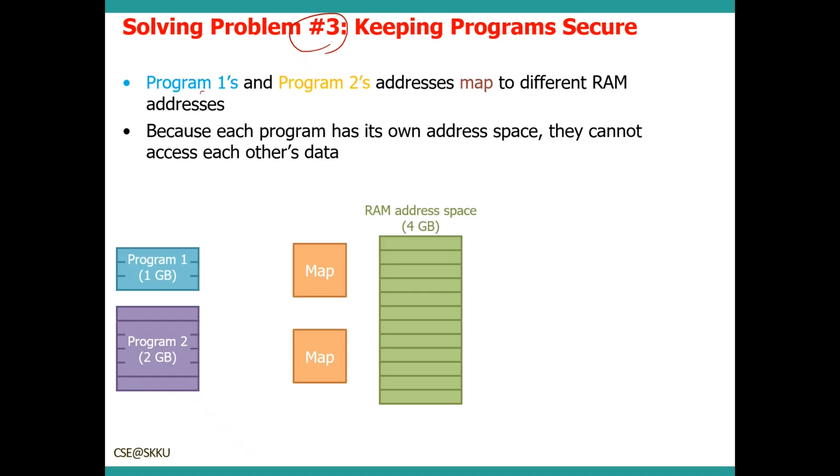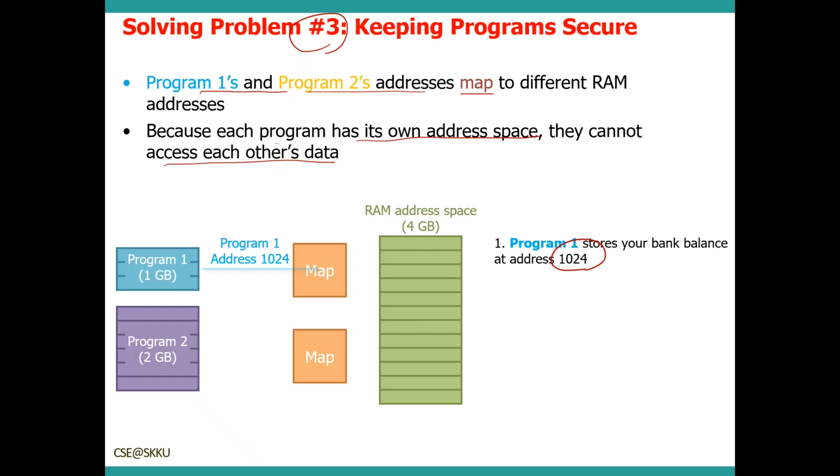So if program 1 and 2 address spaces map to different RAM addresses, then we can provide protection. Because each program has its own address space, we can separate the physical memory space for different programs. For example, if program 1 stores some data at the address 1024, then virtual memory maps the address to here, so the data is written here.